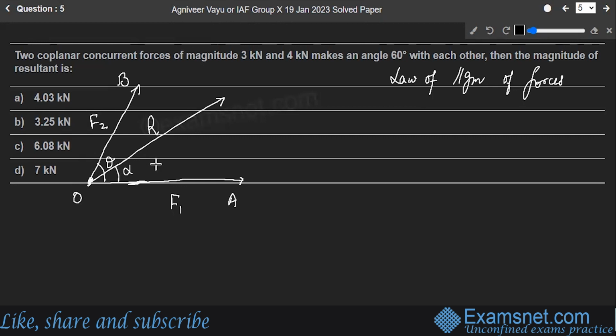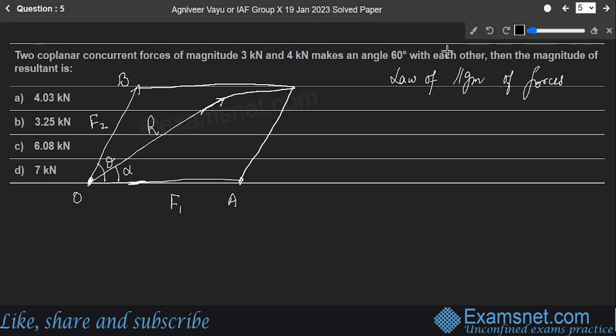Let this be angle alpha. Then let's make the parallelogram first. So this actually should meet over here. It's not a perfect drawing, but it should meet over here. So now, according to this, you have the parallelogram.